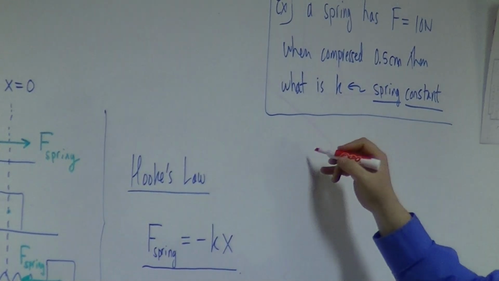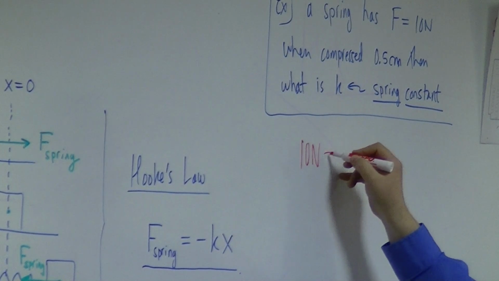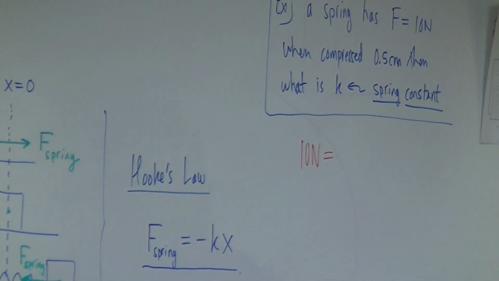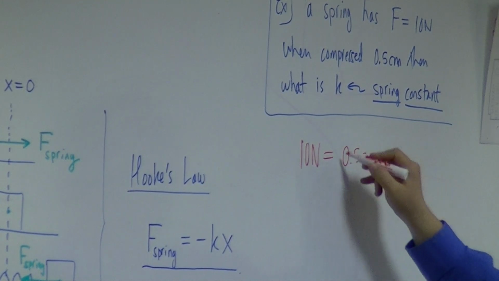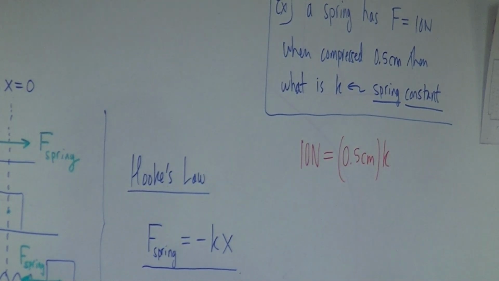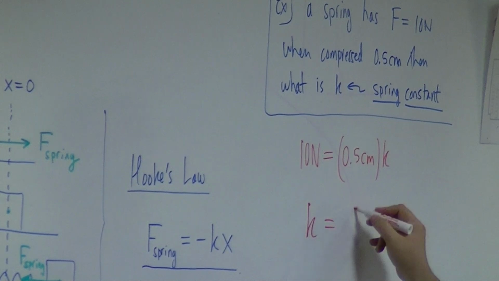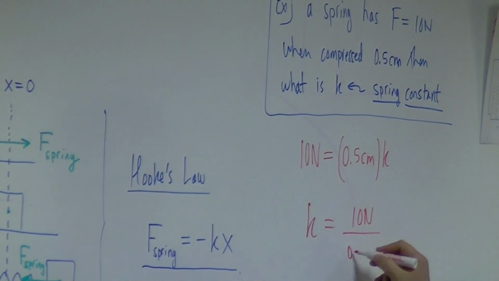So here you go. 10 newtons then. We make that meters. Centimeters, compressed. Now I'm ignoring the signs here, right? So it's 0.5 centimeters times k. Yes, in fact, so that means k is equal to 10 newtons divided by 0.5 centimeters.